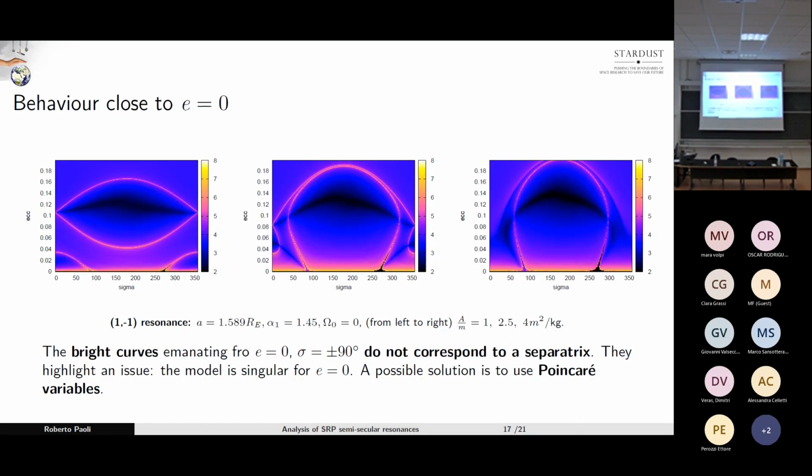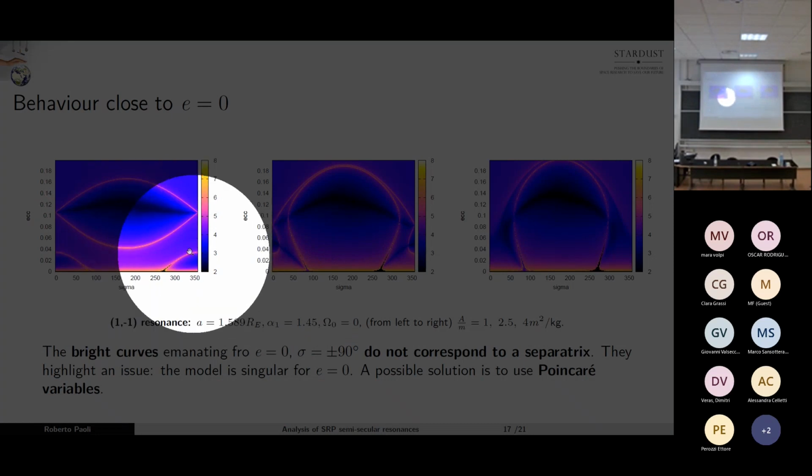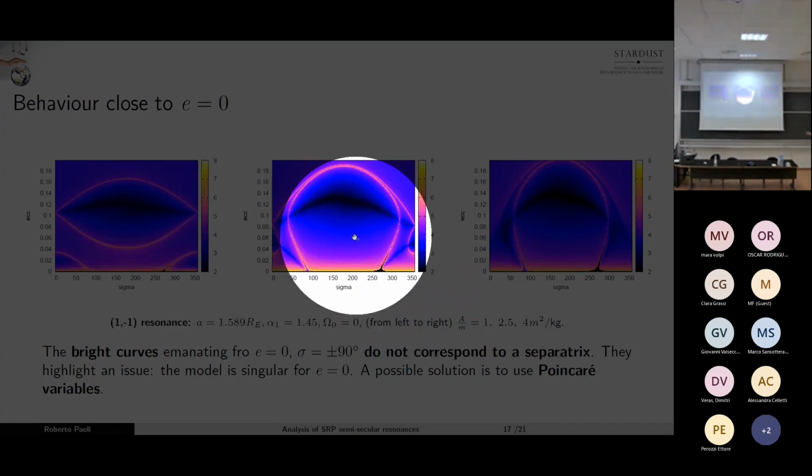And indeed, if we study the behavior close to eccentricity equal to 0, we see that we have this kind of line, which actually corresponds to the level set associated to eccentricity equal to 0. They stem from the angle sigma equal to 90 degrees plus or minus 90 degrees.